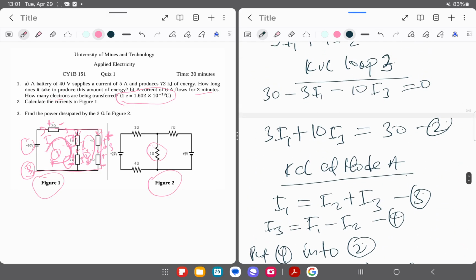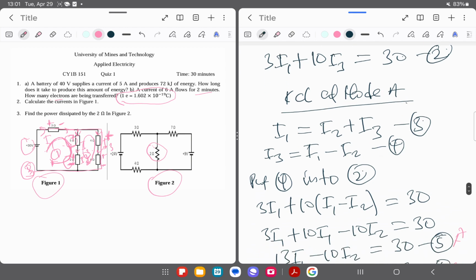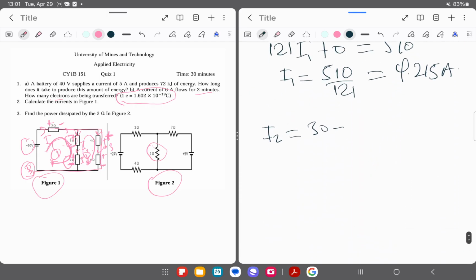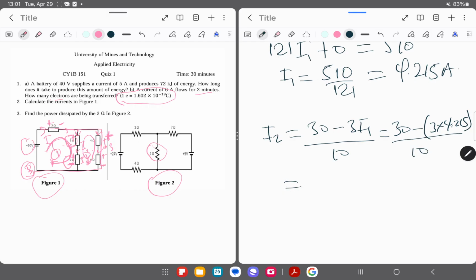I have here 30 minus 3 I1 over 10. So this will be 30 minus 3 times 4.215 divided by 10.